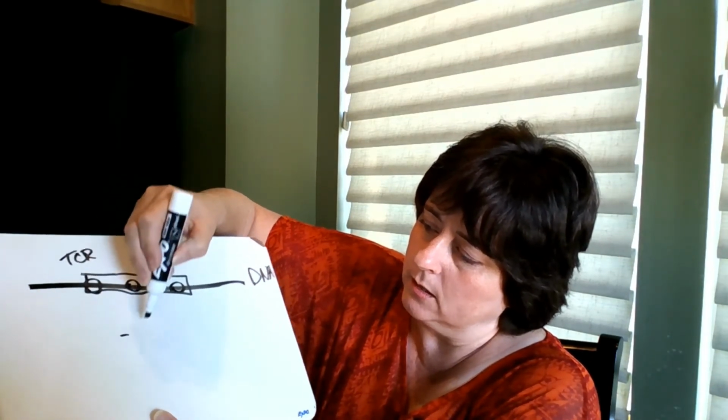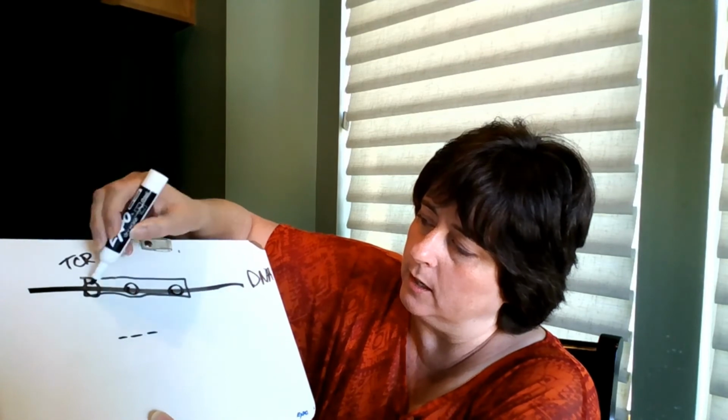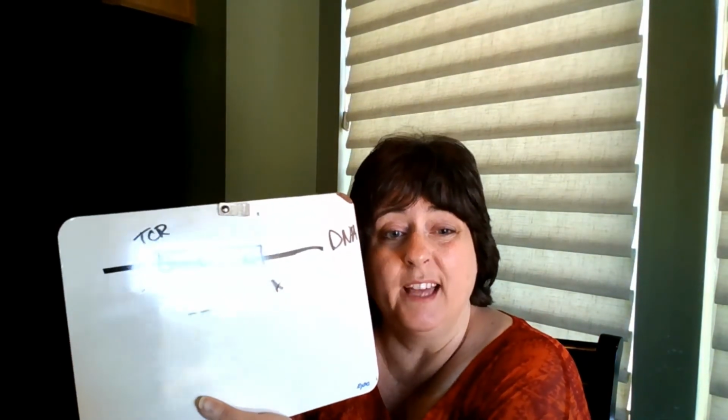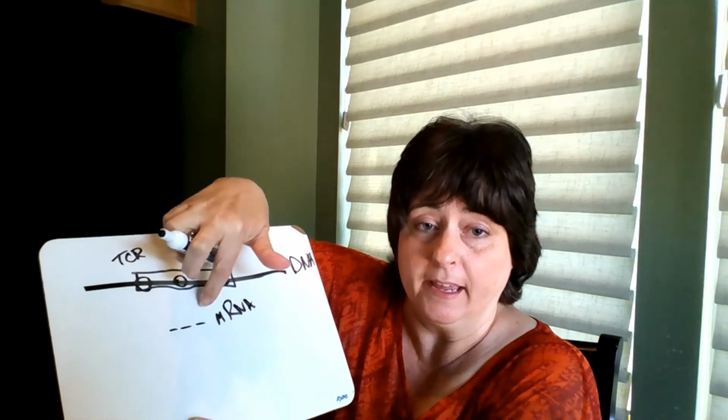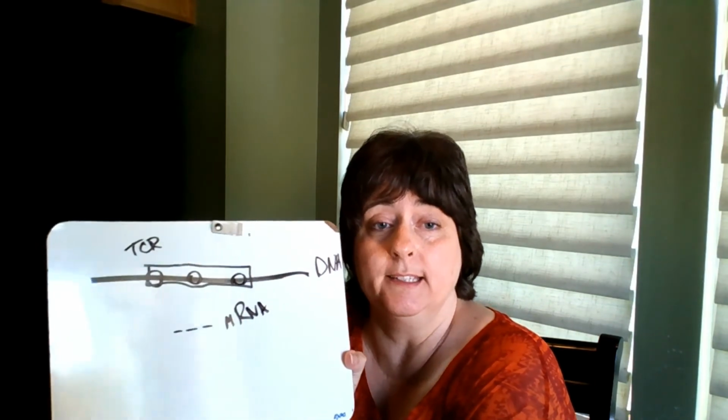This one, and then this one, and then this one, and you put those pieces together, and this is going to be your mRNA. Okay, so that's what actually gets transcribed and then translated to make our T cell receptor.